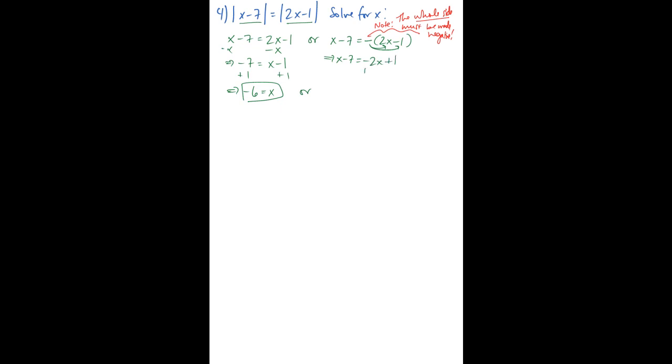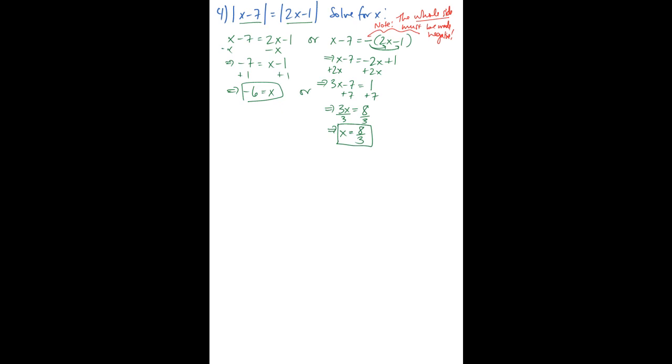Now I can add 2x to both sides. So we get 3x minus 7 equals 1. Add 7 to both sides. I get 3x equals 8. And now divide both sides by 3. And I get x equals 8/3.